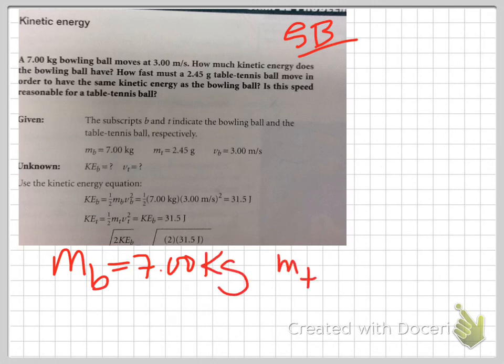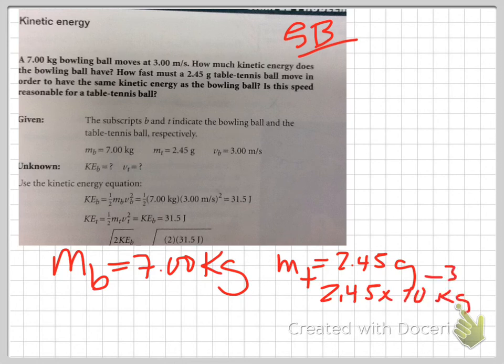Mass of the table tennis ball, 2.45 grams, which is 2.45 times 10 to the negative third kilograms. And the velocity of the bowling ball is 3.00 meters per second.